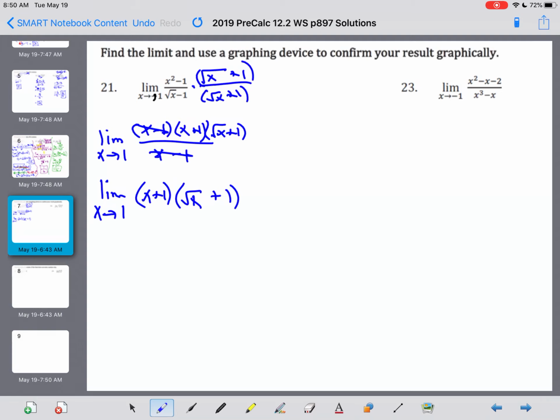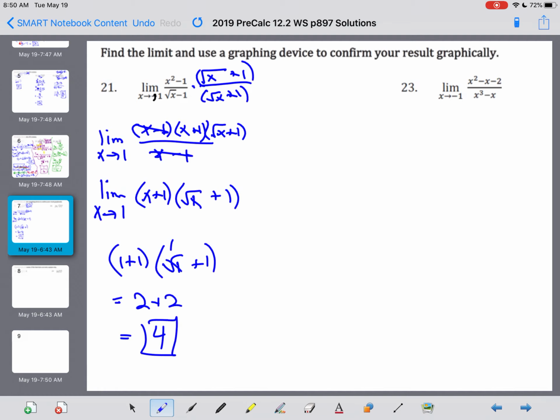So again, I'm going to get x plus 1 times the square root, 1 plus 1, excuse me, and the square root of 1 plus 1. And so that actually just gives me 2 here. Square root of 1 is 1, 2. So I get 4 here.